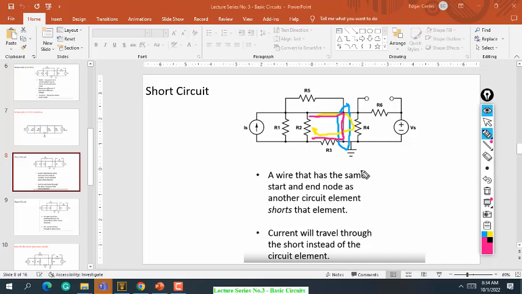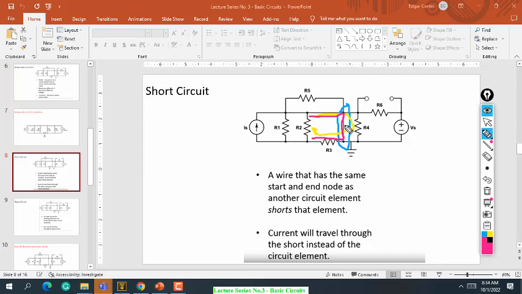Why does it not pass there? Because this area has less or no resistance, no? Remember that current flows through the least resistance, okay? More current passes through the one with no resistance.